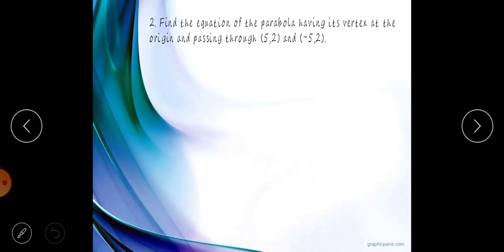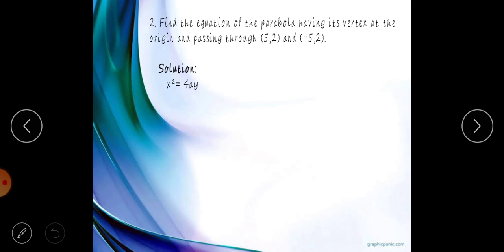The second example is find the equation of the parabola having its vertex at the origin and passing through the points (5, 2) and (negative 5, 2). The standard equation that applies to the points given is x squared is equal to 4ay, which has an axis of symmetry parallel to the y-axis. In finding the equation, we begin by getting the value of a.